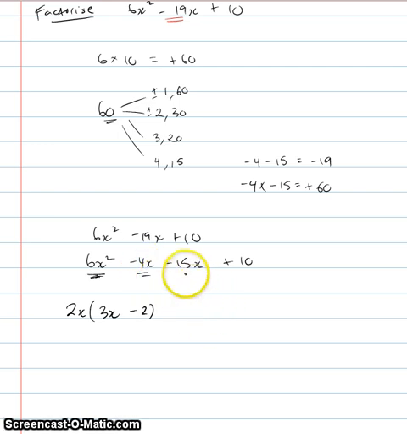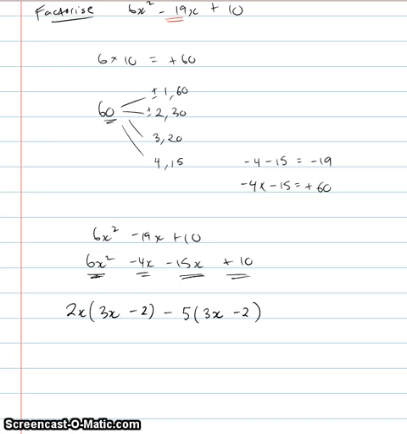And what's common between negative 15x and 10? 5 is common between those two numbers. So I can write that with a negative 5 to get 3x minus 2 here, because negative 5 times 3x gives me negative 15x, and negative 5 times negative 2 gives me positive 10.